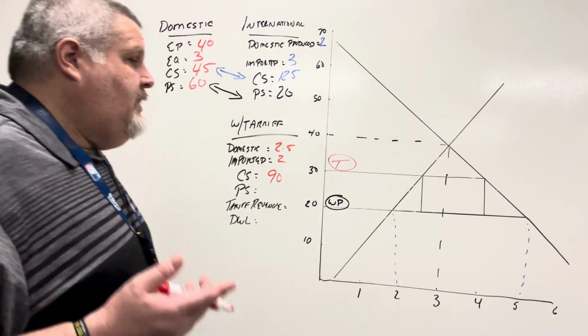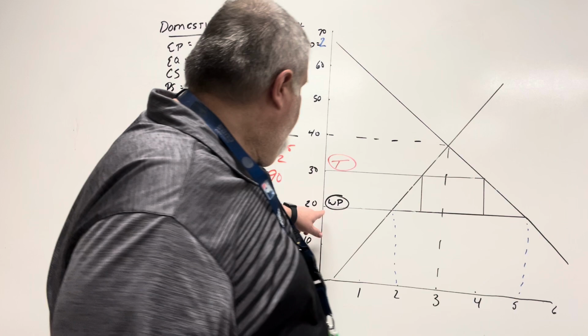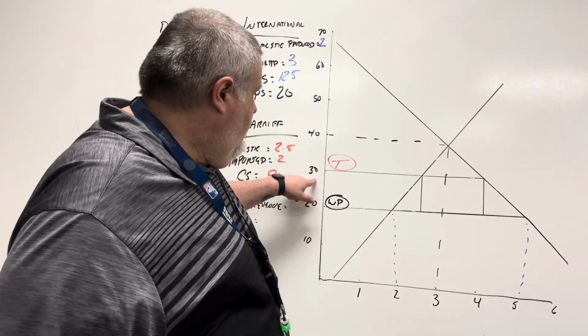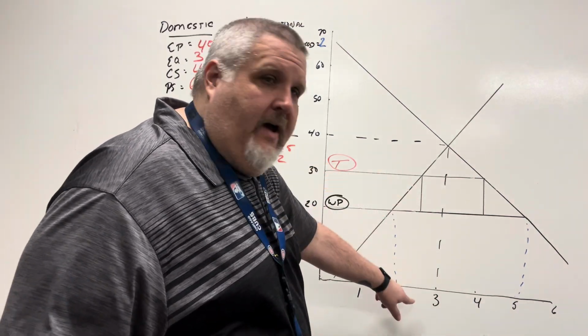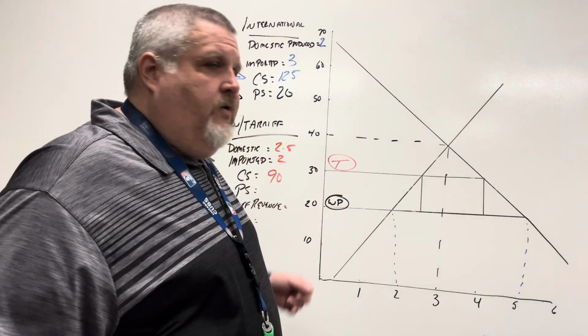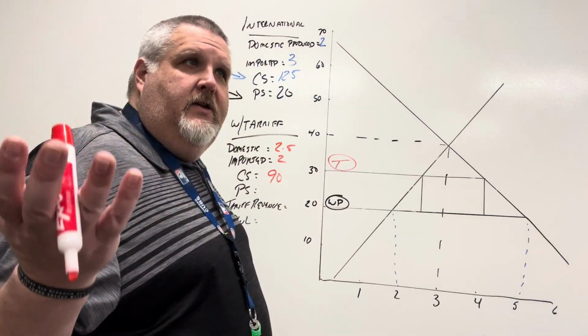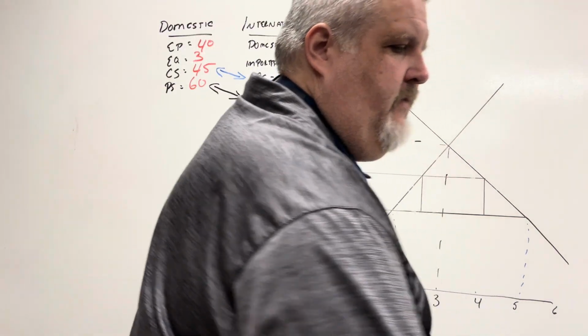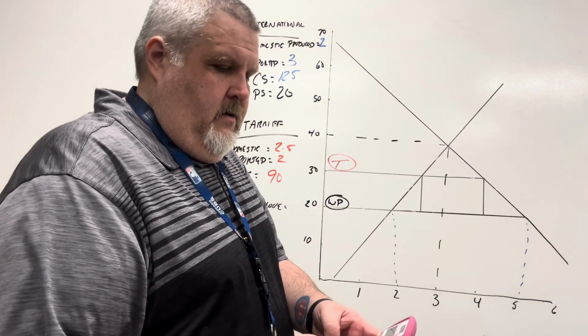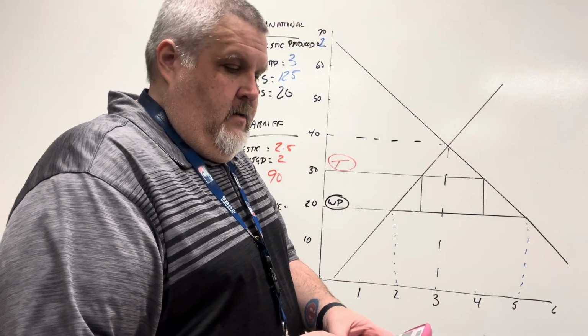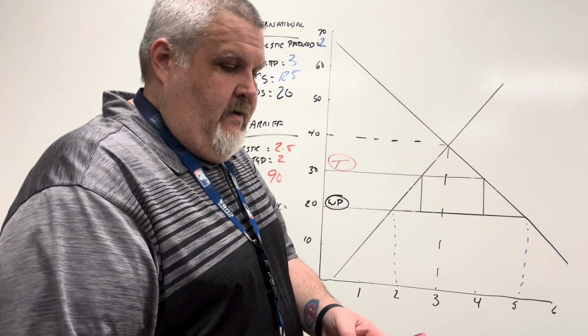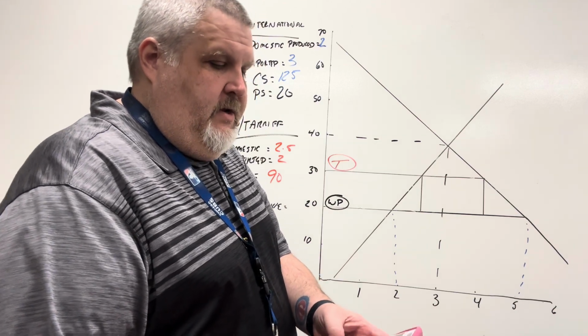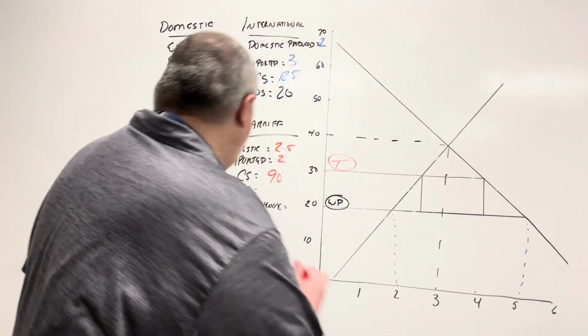Okay, so let's take a look at what's going to happen to our producers. They're going to be at here, at the 30 to 2.5, right? 30 times 2.5 is going to be 75. And then we divide that by 2, we're going to have 37.5.